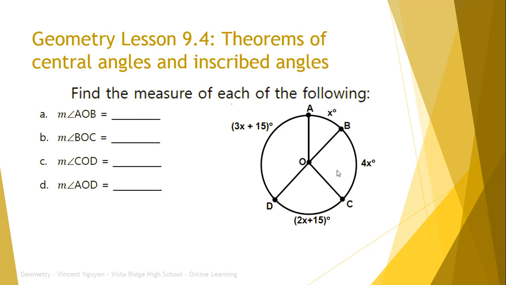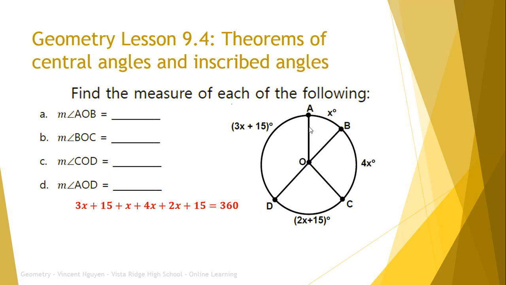So arc 1 plus arc 2 plus arc 3 plus arc 4 is 360. We are going to add all of these arcs together and set that equal to 360.